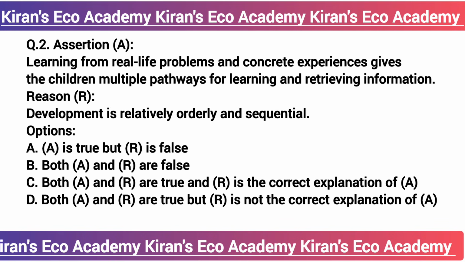Option B, both A and R are false. Option C, both A and R true and R is the correct explanation of A. D, both A and R true but R is not the correct explanation of A. Correct answer is option C, both A and R true and R is the correct explanation of A.